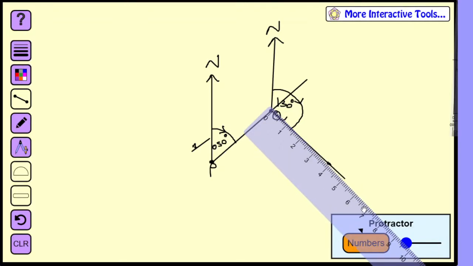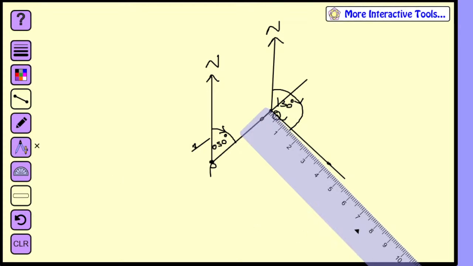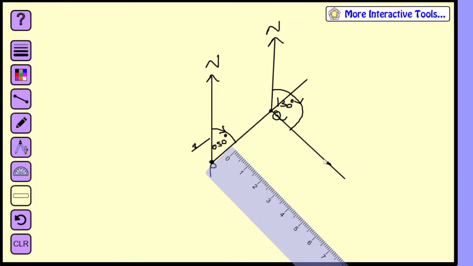Since I'm using an online tool, it's quite hard for me to do the alignment, but when you're doing it in your physical answer script, you have to keep the ruler properly on the line to measure the 4 centimeters. So here is the 4 centimeter point. Let's mark it. It's quite hard for me to mark with this online tool, sorry for that. Somewhere here, 4 centimeters, that's R.